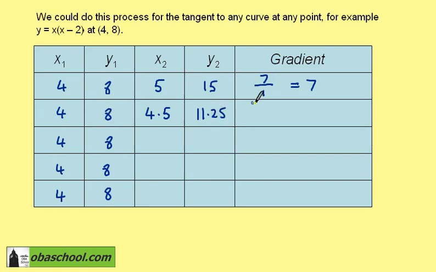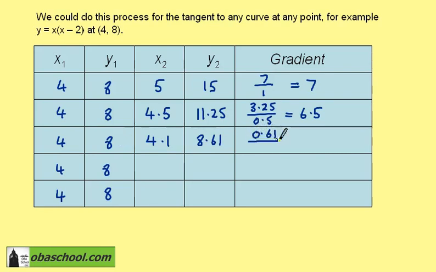The gradient is then 3.25 divided by 0.5, which is 6.5. If we take x is 4.1, y is 4.1 times 2.1, which is 8.61.